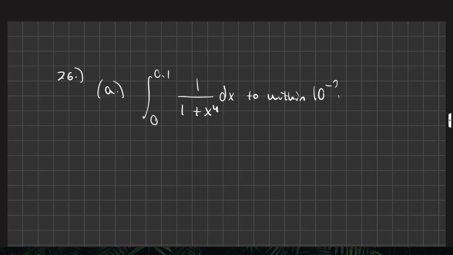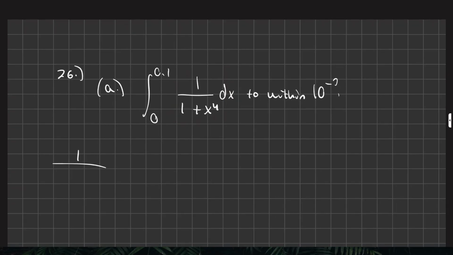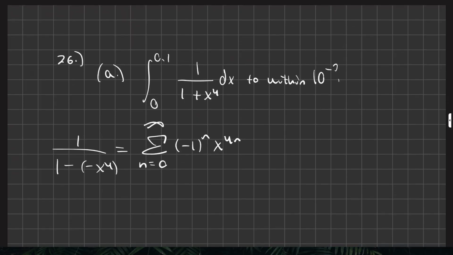Again, do not try to integrate this on its own. It's going to be written as 1 minus x to the 4th. So this ends up spitting out the power series, n equals 0 to infinity, negative 1 to the n, x to the 4n.